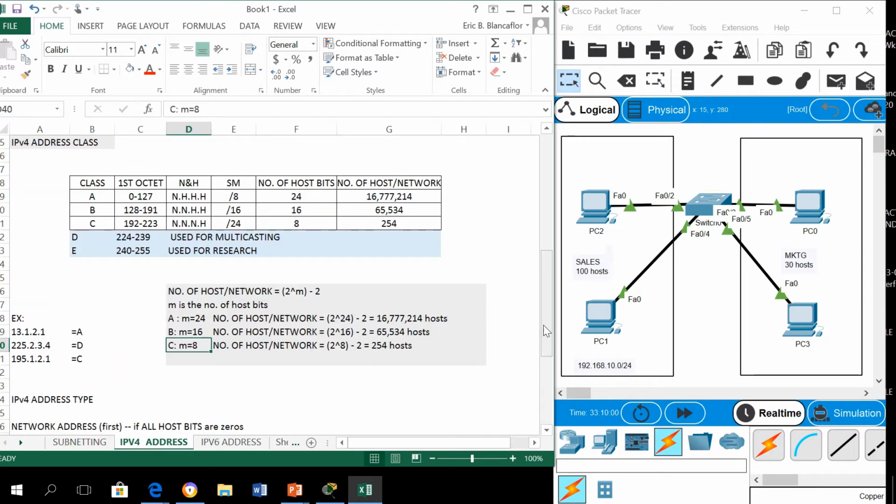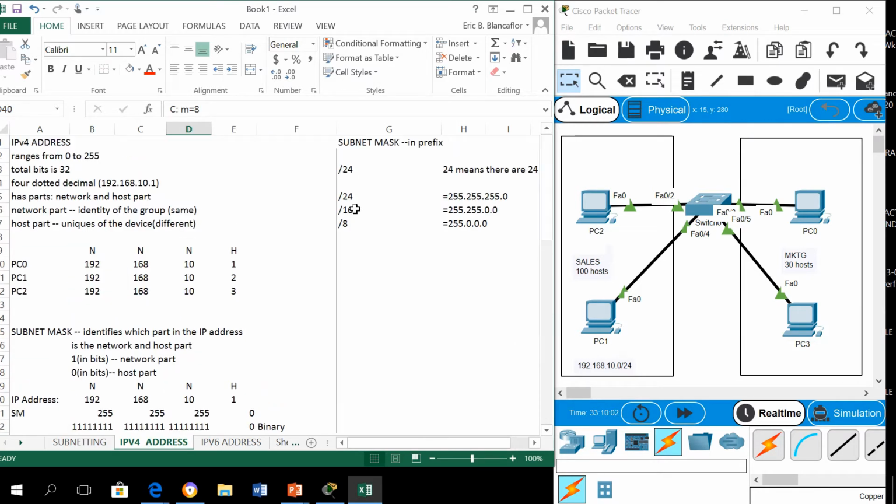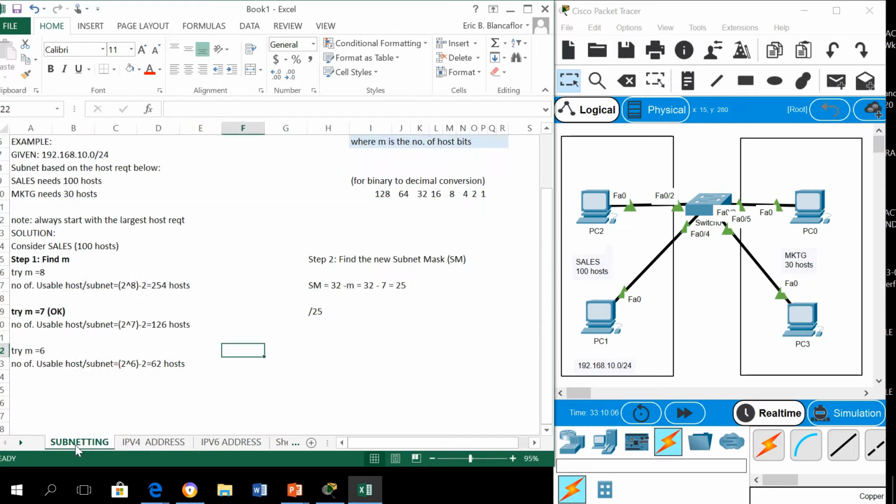Again, take note, last time we've covered the slash in subnet mask and prefix. So I have slash 25, and we should know how to convert this. There are 25 ones. 1 2 3 4 5 6 7 8, and what is this in decimal? 255.